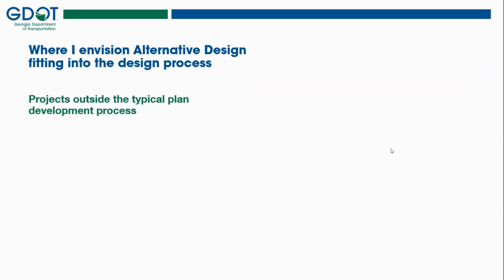And just an example, I've talked a little bit about the design process and where this could fit in, but I think it has benefits outside of just the design process, or even for projects that don't go through our typical standard design process. An example that comes to mind would be our traffic operations team, which might function similarly to some other DOTs' safety team.